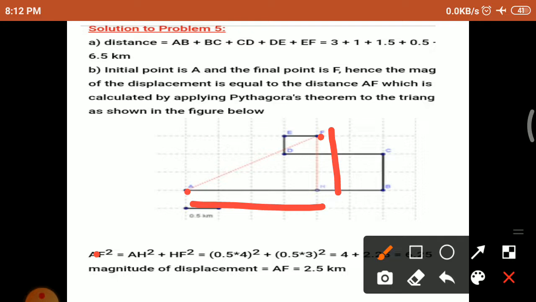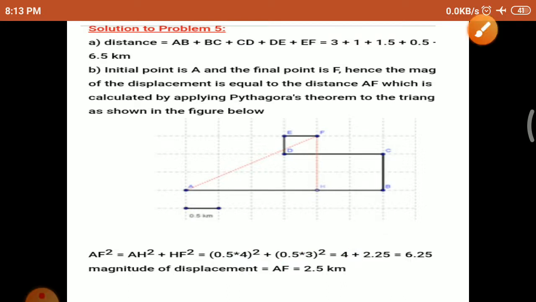AH value is 1, 2, 3, 4, so 4 into 0.5 squared. Here 1, 2, 3, so 0.5 into 3 whole squared. If you square this, you get 4. If you square this, you get 2.25. So when we add up, we get 6.25.